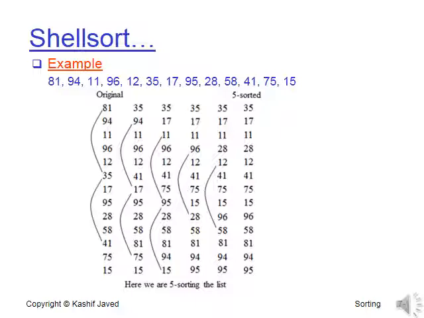Once finished, we will have the 5 sorted array as 35, 17, 11, 28, 12, 41, 75, 15, 96, 58, 81, 94, and 95. And the rest of the 3 and 1 gap sort sequences remain the same.